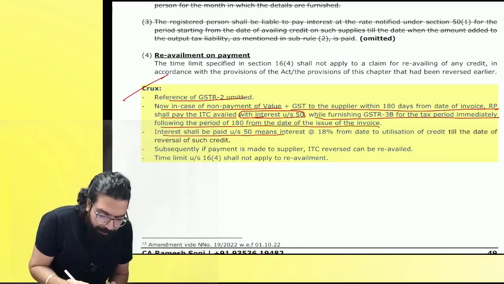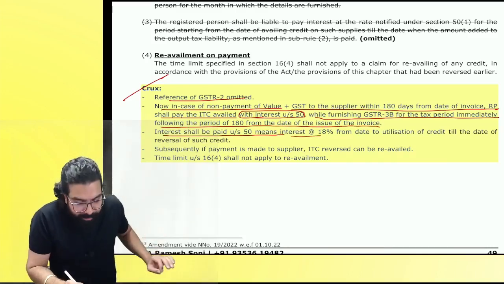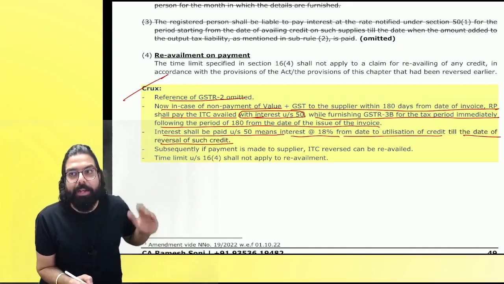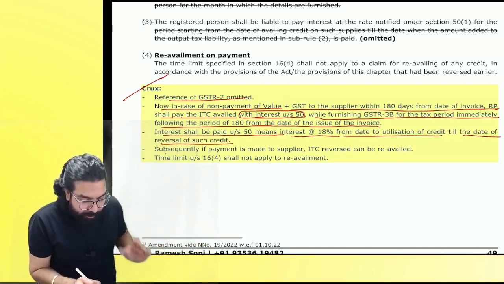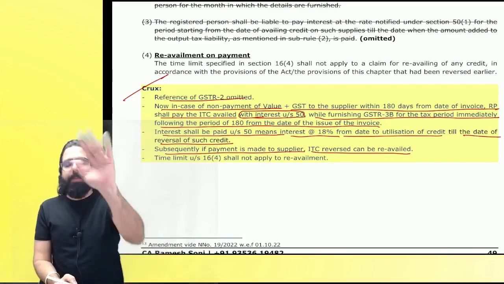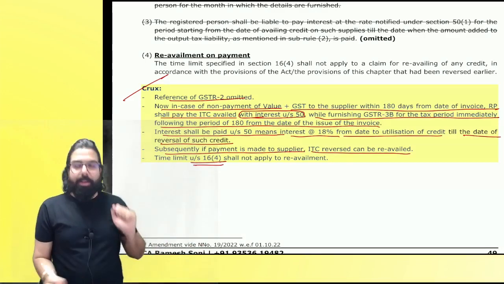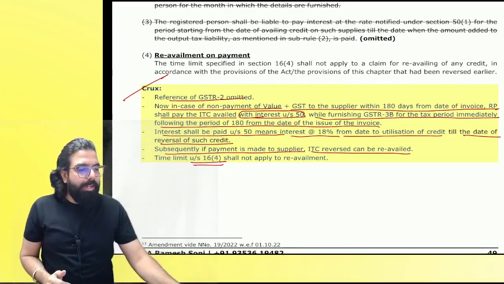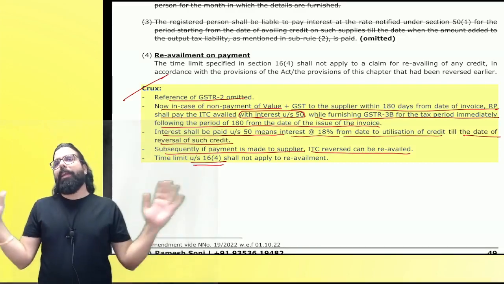Interest shall be under section number 50, meaning interest from the date of utilization till the date of reversal, meaning till the date of paying it back. Subsequently, if the payment is made, ITC can be re-availed. There is no time limit to avail the ITC. For section number 16(4), that 30th November or actual date of annual return time limit shall not be applicable.